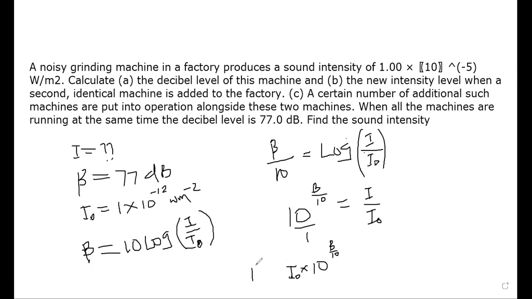So now I have I equals I naught times 10 to the power beta all over 10. So this is the new expression.